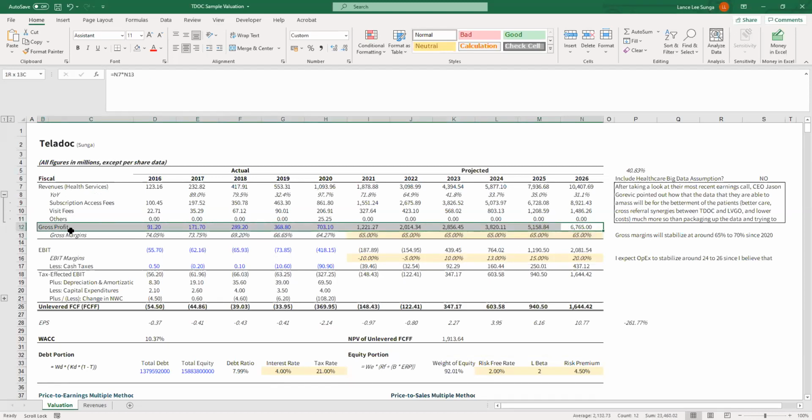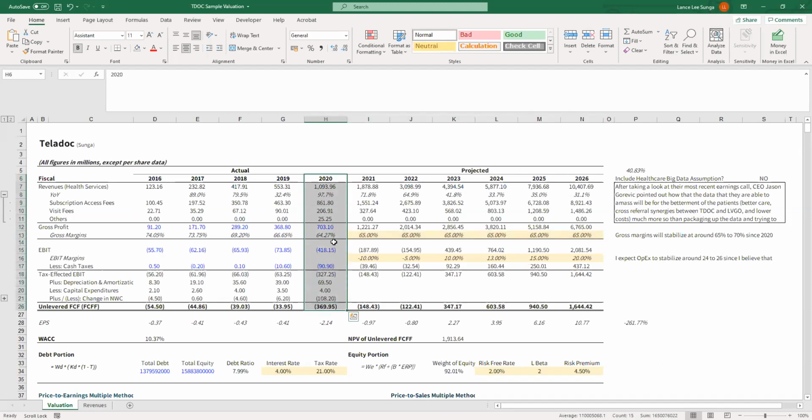So for the gross profits, instead of projecting your costs, right, which is what you usually do, I projected their gross margins instead because it's essentially the same, right? So I gave them a stable gross margin for the projected period at 65%, because assuming 2020 was the high base, right?